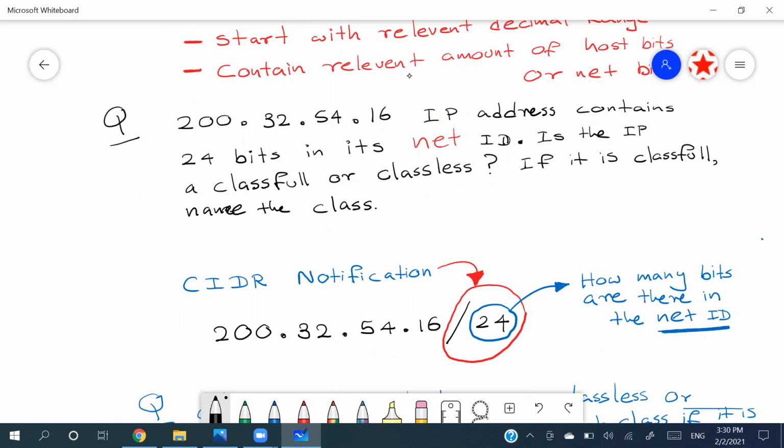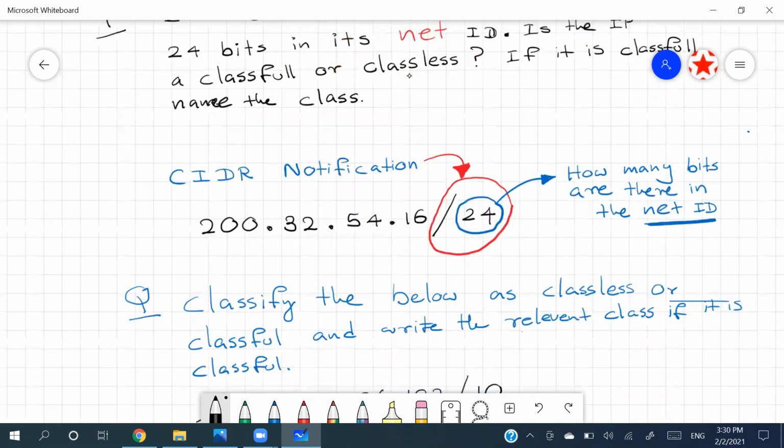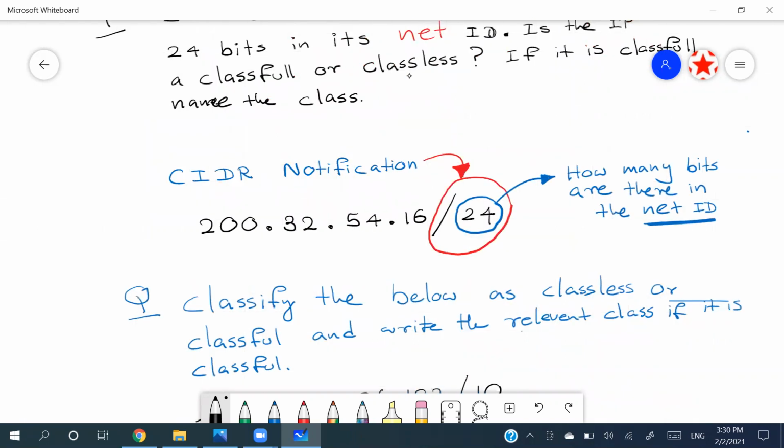And later I told you there can be a CIDR notation which illustrates how many bits are there inside the net ID. Right? එතකොට CIDR notification එක අපි පෙන්නන්නේ ඇලයිවක් ගහලා 24 කියලා ලියලා. ඒ 24 කියන එකෙන් අපි තීරණය කරගන්නවා net ID එකේ කොච්චර bits ගානක් තියෙනවද 24ක් තියෙනවා කියන එක තමයි ආයතනින් කියන්නේ.